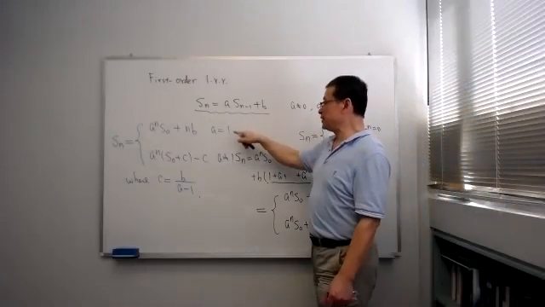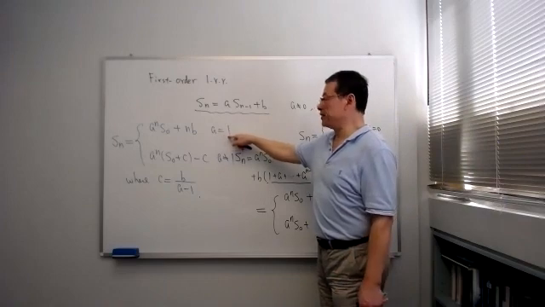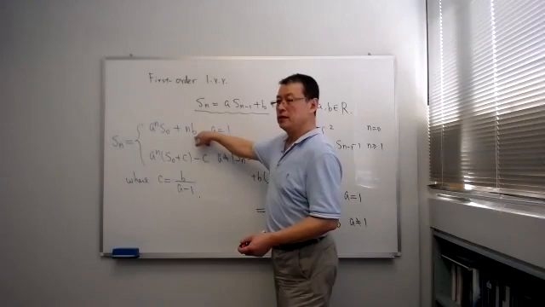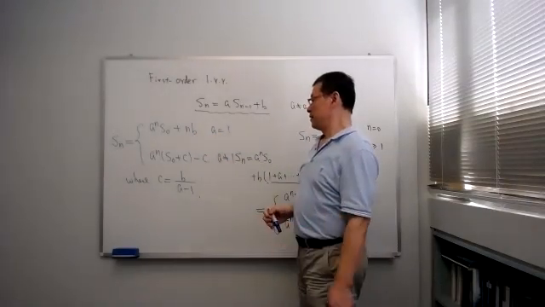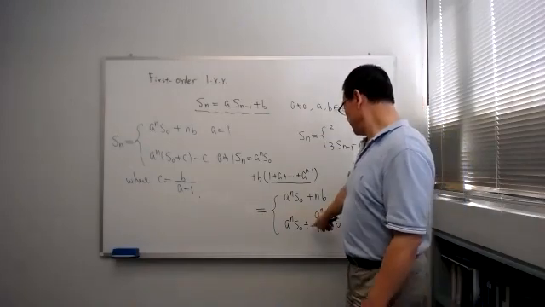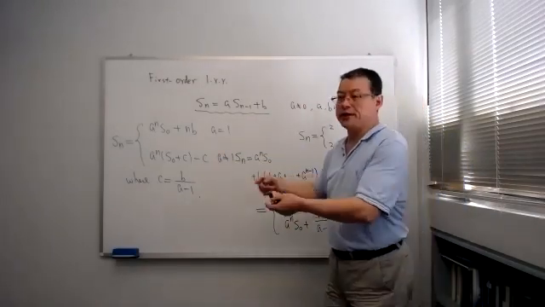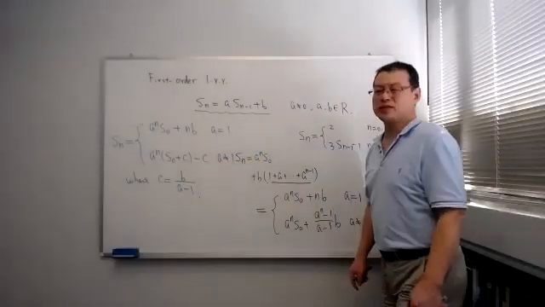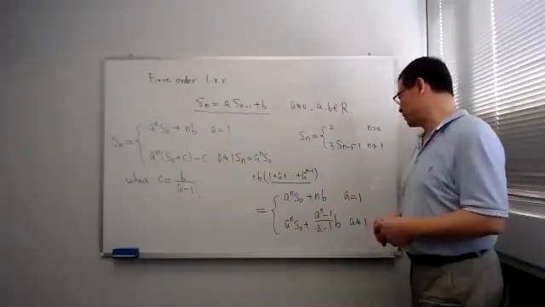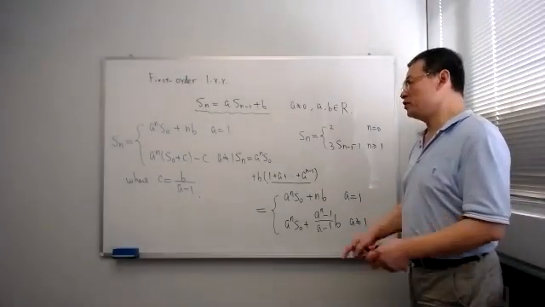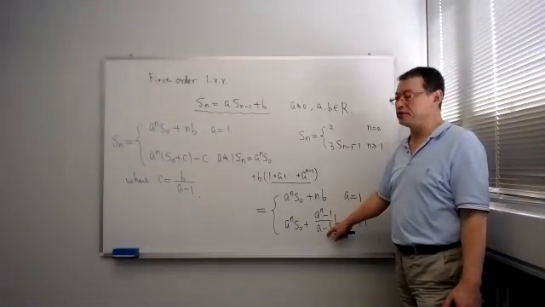The solution depends on whether A equals 1 or not. If A equals 1, this part is nB. Otherwise, just rewrite it. If you want to remember it, maybe this form is a little easier to remember. Actually, I don't recommend you remember this formula. Rather, you should remember the idea, the method to obtain it. Then you will be able to obtain this one by yourself.